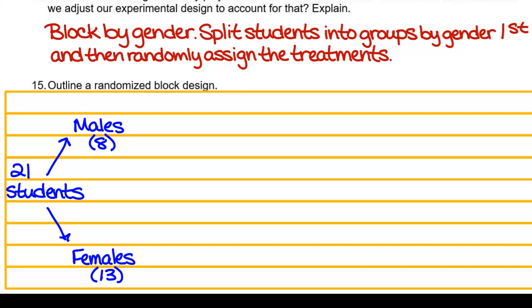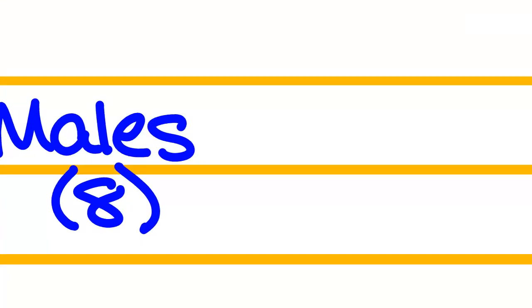All right, so I've got people split by gender. What would we do next? Divide into 2 groups. How would we divide into 2 groups? Random assignment. So for the males, we want to do some random assignment.